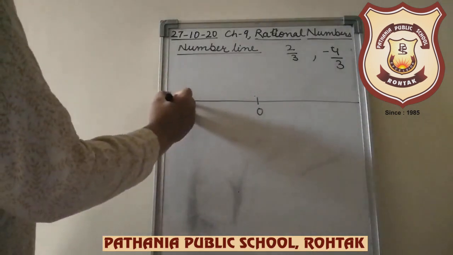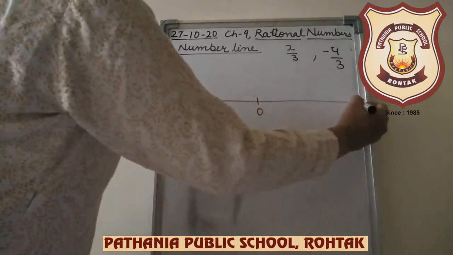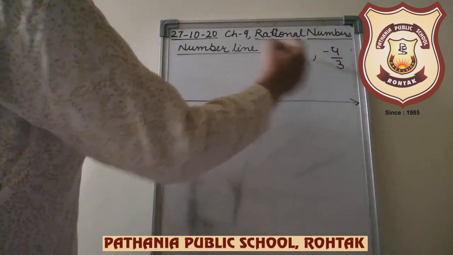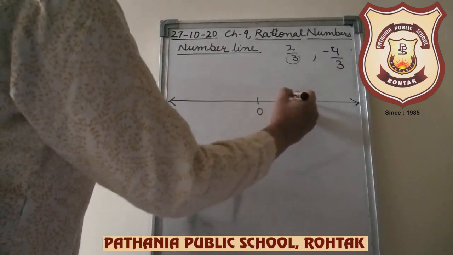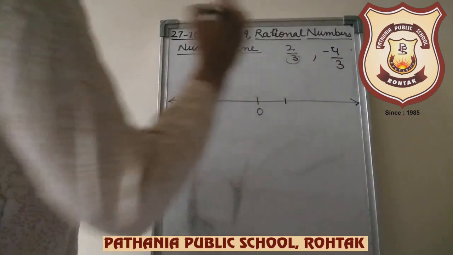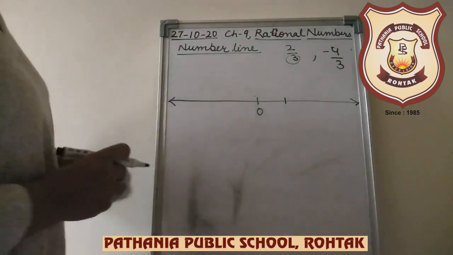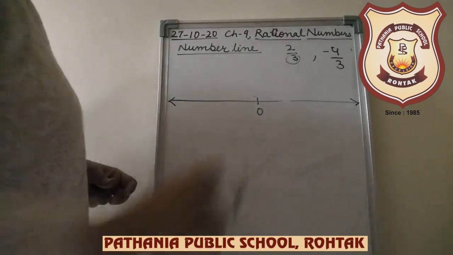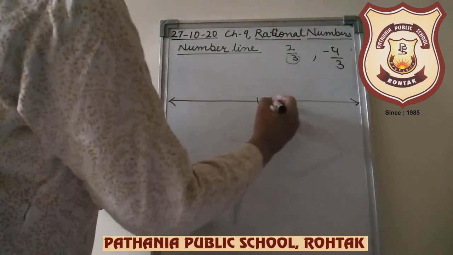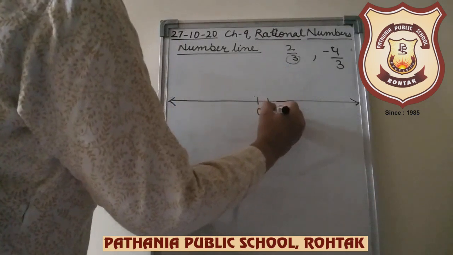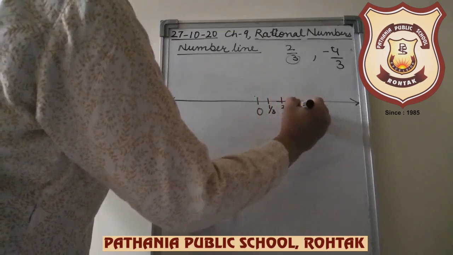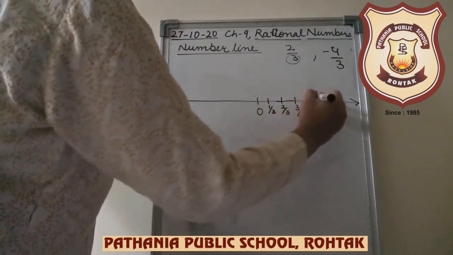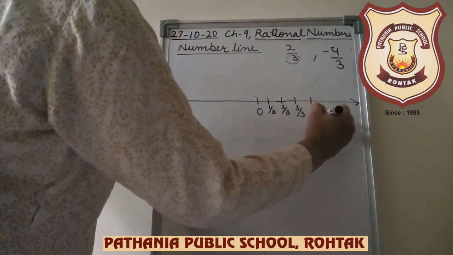Clear? Now you see what is the denominator? 3. So I will divide, or a better way, start writing 1 upon 3, 2 upon 3, 3 upon 3, 4 upon 3.